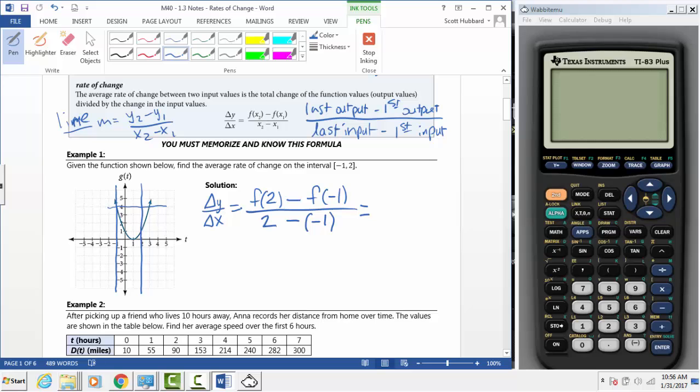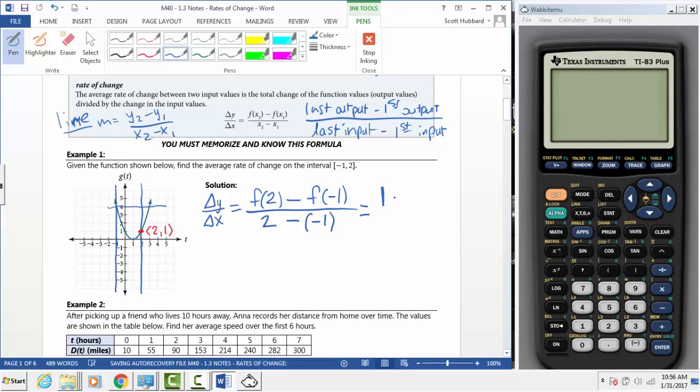Now we've got to figure out what f of 2 is. F of 2 was right here. Let me draw that in red. That point is (2, 1). So that means that f of 2 is 1.